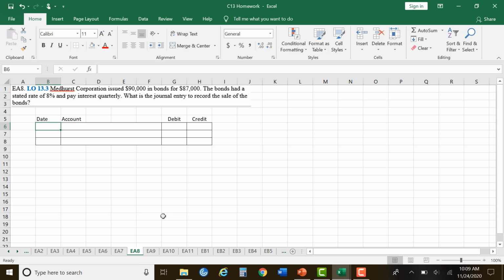Okay, so it says that we sold, so let's just do our little thing. We sell it for a discount if it's less than what the market is, and we sell it for a premium if it's more than what the market is. So the bonds were $90,000, and we took $87,000 for them. So we sold them for less than the face value. So we took a discount.